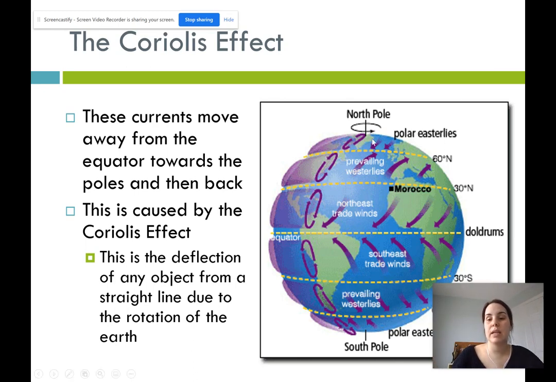So essentially, not only are these pockets of warm air and cool air rising and falling, but because the Earth is also spinning, they're also twisting on their side as well. That's where we get, for example, the northeast trade winds. So a big thing is we know that the sun and the amount of solar radiation can impact how gases are moving, which can impact pressure and wind patterns.